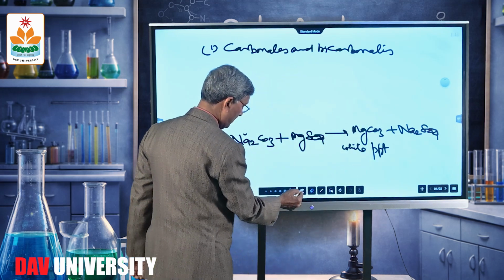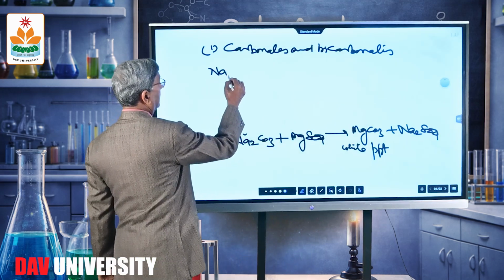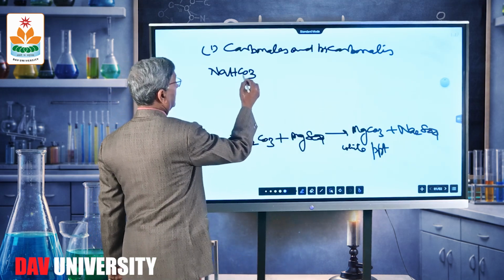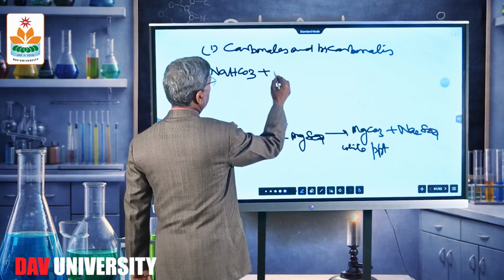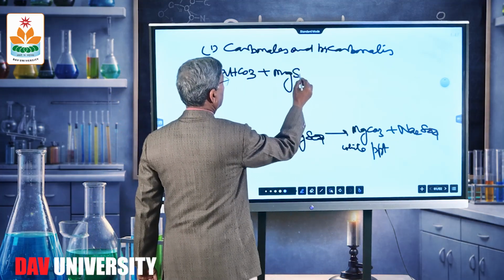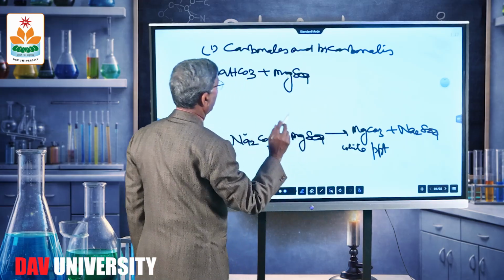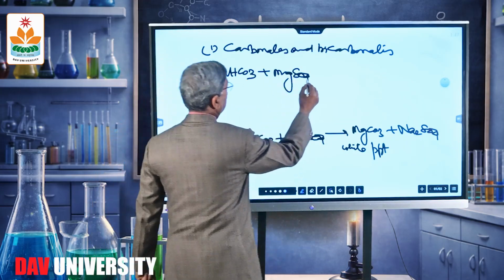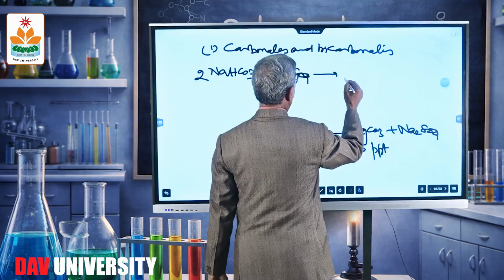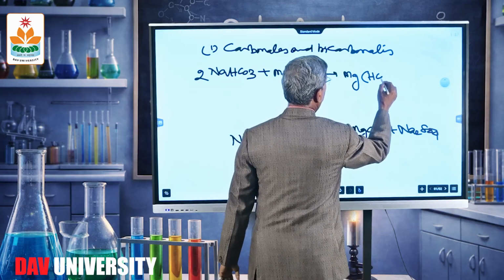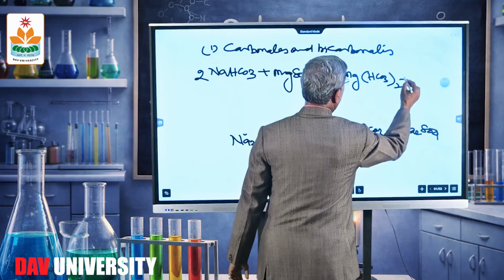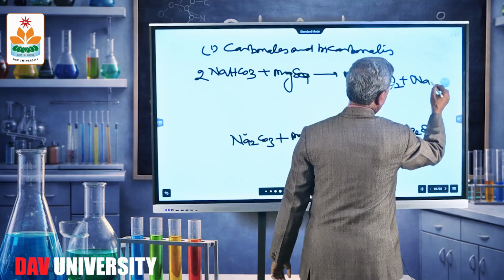How? Suppose we have sodium bicarbonate. We add magnesium sulfate to it. We get the formation of magnesium bicarbonate plus sodium sulfate.